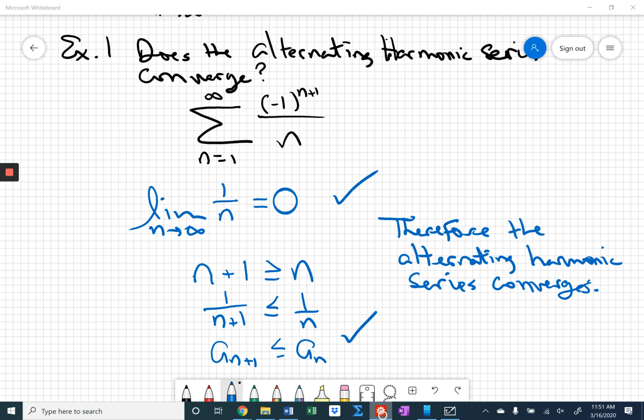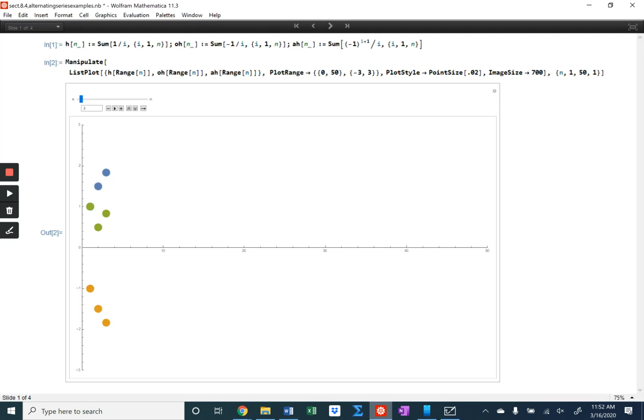All right, my computer's acting a little bit on the slow side here for some strange reason, but I wanted to take a quick look at the harmonic series, the alternating harmonic series, and what I actually have on here also is the opposite of the harmonic series to see how things behave. Now I'm a few terms into this here. Let's see if I can get this working properly.